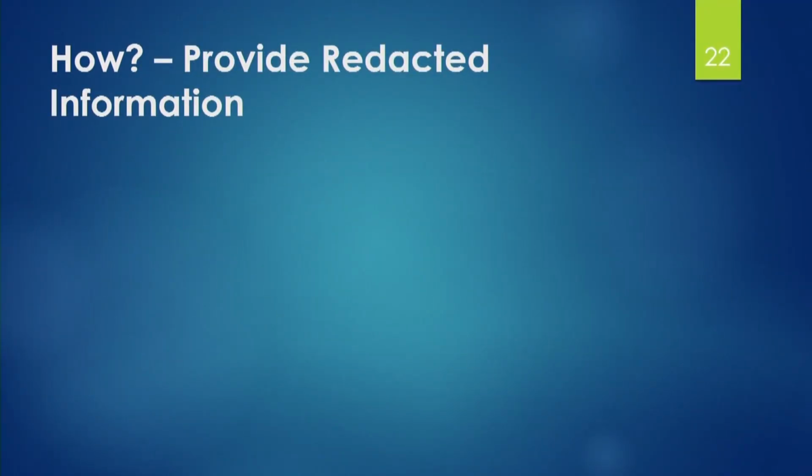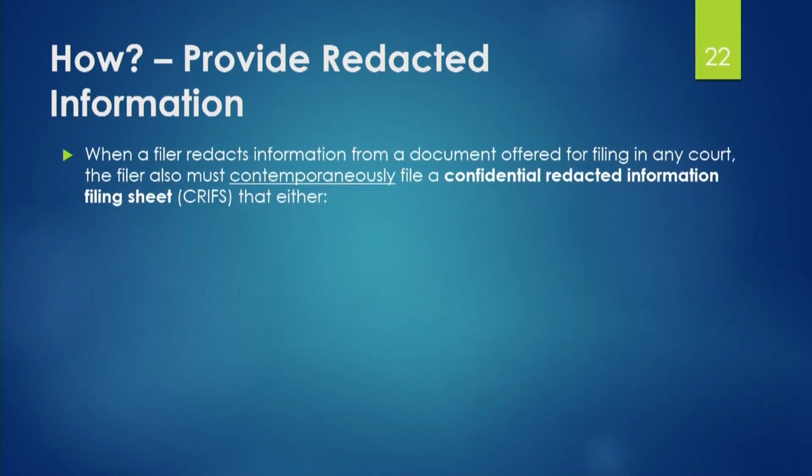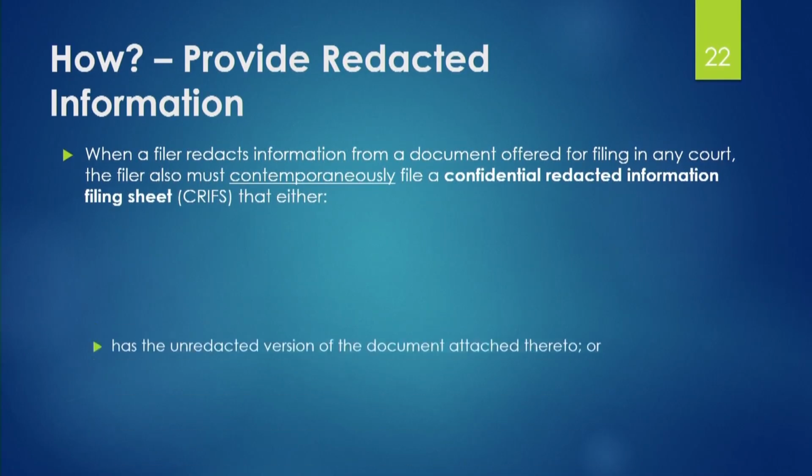Then you have to provide the redacted information to the court and to your opponent in the lawsuit. So when you redact information from a document that's offered for filing, you also have to contemporaneously file a confidential redacted information filing sheet. We refer to those by the term CRIFs, and it does one of two things.